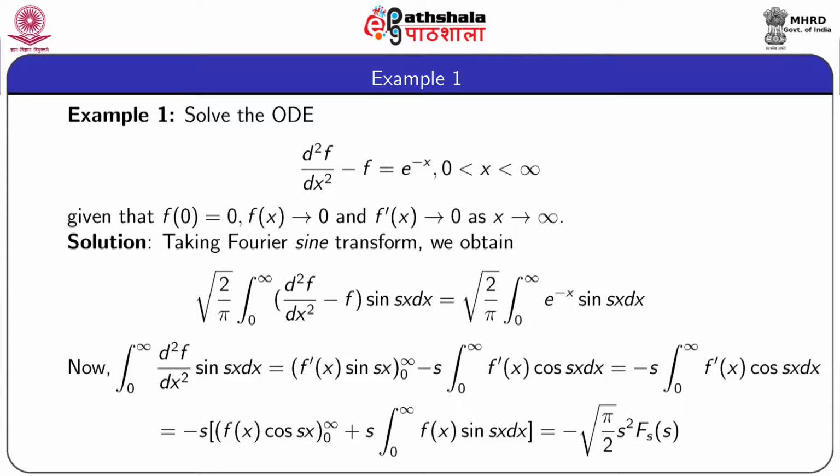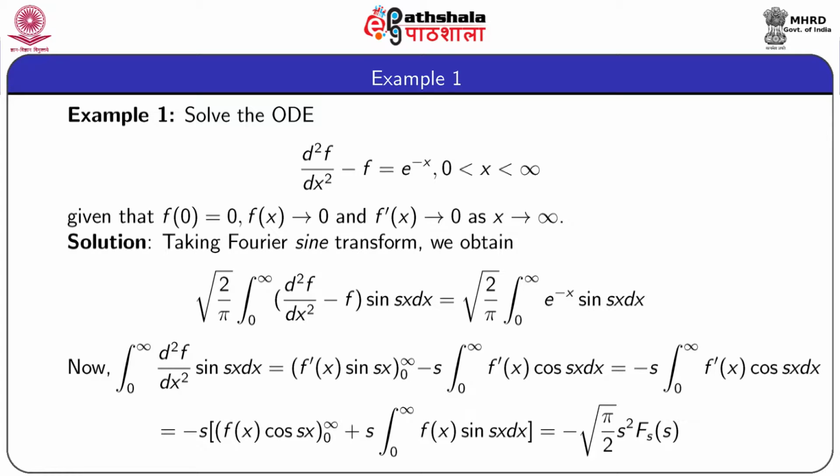Now, we calculate the terms separately. First, we calculate the integral from 0 to infinity d2f/dx2 sine sx dx, and we integrate by parts to obtain f dash(x) sine sx from 0 to infinity minus s integral from 0 to infinity f dash(x) cos sx dx.